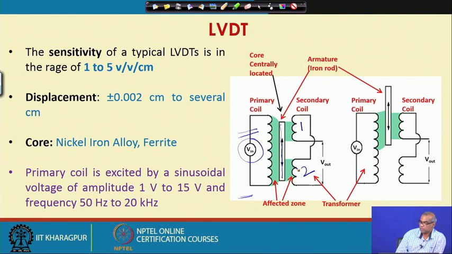These two secondary coils are identical. They are connected in series opposition. So, when these two secondary coils are equally affected, equal amount of voltage is induced in these two secondary coils. But since these two coils are connected in series opposition, the output voltage, which is the difference between, say, the voltage V1 minus voltage V2, will be equal to 0.